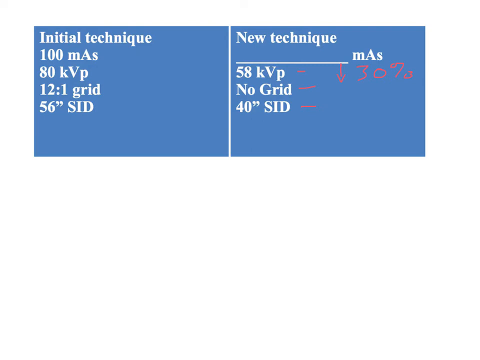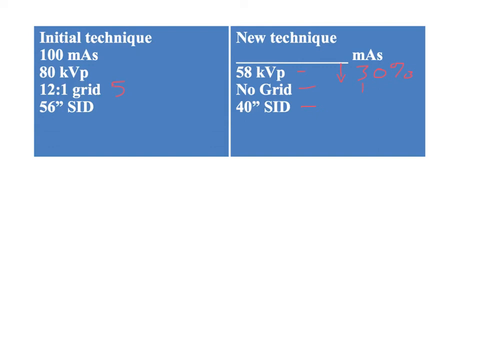So we had an initial grid factor of what? Like 5, and now we have a grid factor of 1, right? And then they also decreased the SID, right? They changed the SID by 16 inches.